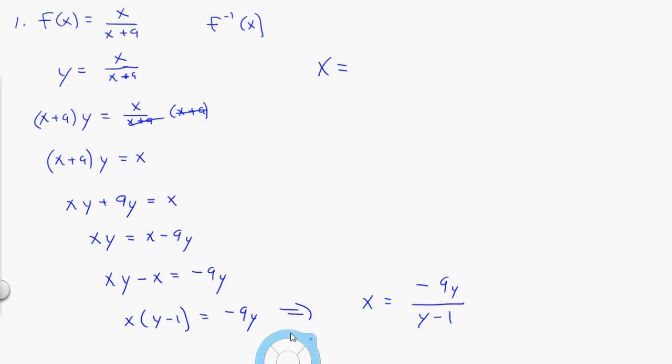Let's go on to the next question, which was, pull that up real quick, f of x equals x plus 2 squared. Find the inverse of f restricted to that domain. So I'll find the inverse.